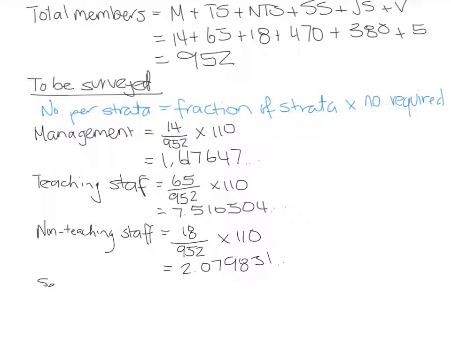Now our senior students, and that's 470 out of 952. Because that's a much larger number, 470, than any of the others so far, we would expect that the number that will actually be surveyed will be a lot more than it has been so far.